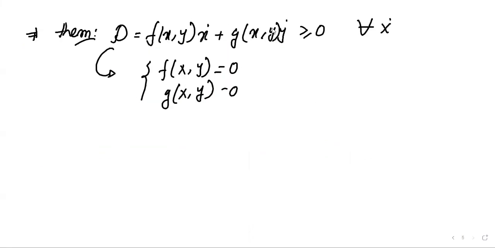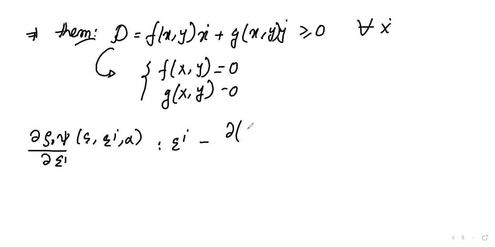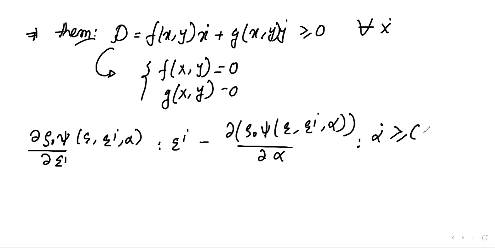We can write that del rho chi of epsilon, epsilon I, alpha, del epsilon I, contracted with epsilon I dot, minus del rho psi of epsilon I, alpha, del alpha, contracted with alpha dot, is greater than or equal to 0.